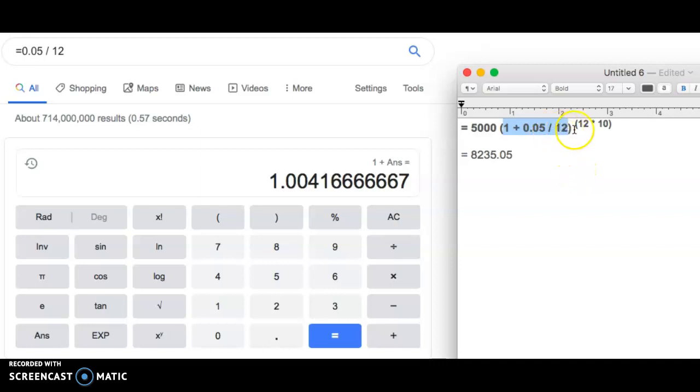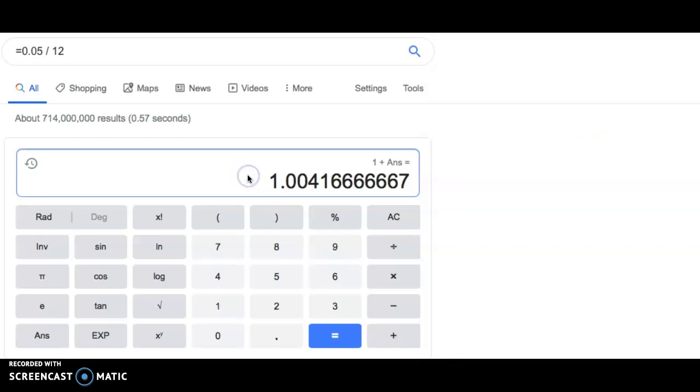Okay, I'm now going to take that to the 12 times 10. So 12 times 10 is 120. So now what I'm going to do is I'm going to say, okay, I want to take this mess here to the 120. So this is my 'to the' button, to the 120.